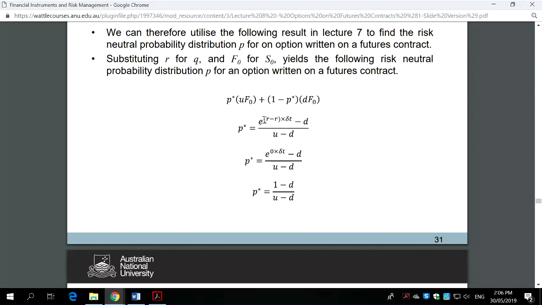So we have e to the power of R minus R, which is e to the power of 0, simply equal to 1. So the equation reduces to 1 minus d in the numerator and u minus d in the denominator. This equation was not given to you, so you have to remember it.